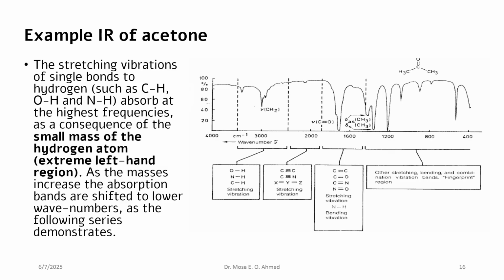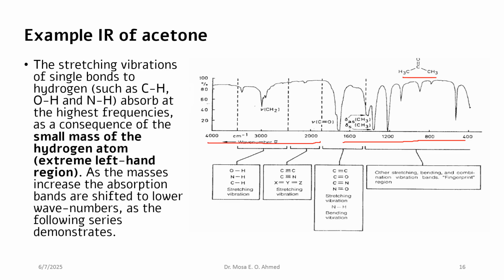Here is the example of the IR spectrum for the acetone molecule, and as appears in the spectrum, the region below 1500 is the fingerprint region. When the molecule gets larger, the absorption of IR shifts towards the lower wave number.